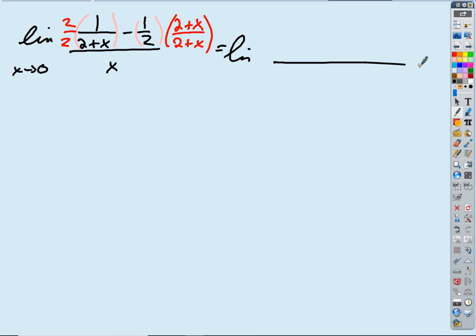So I know here I'm going to get 2 over 2 times 2 plus x minus 2 plus x over 2 times 2 plus x. Common denominators, all over x, right?